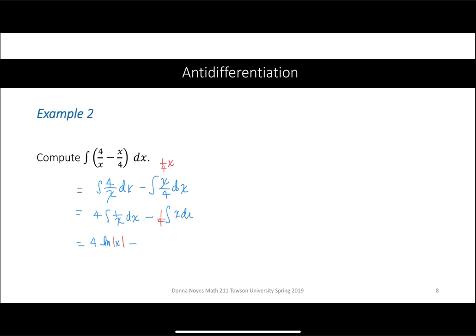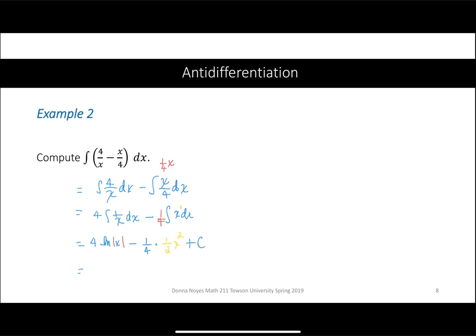And then we have 1/4 times, well, this is x to the power of 1. If we use our power rule of antidifferentiation, that means this is 1 over 1 plus 1, which is 2, x to the 1 plus 1, which is 2. And we'll add our c.